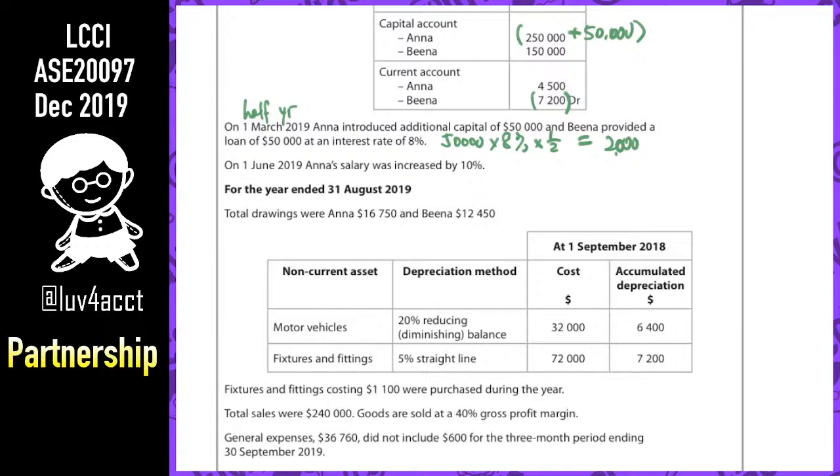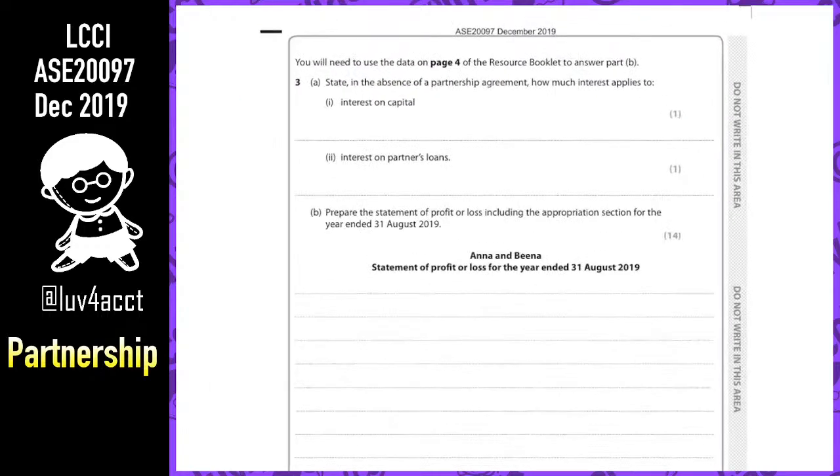Let us look at what we have to do first. Calculate, state, in the absence of a partnership agreement, how much interest applies to interest on capital? 0% or none. Interest on partner's loan, it should be 5%.